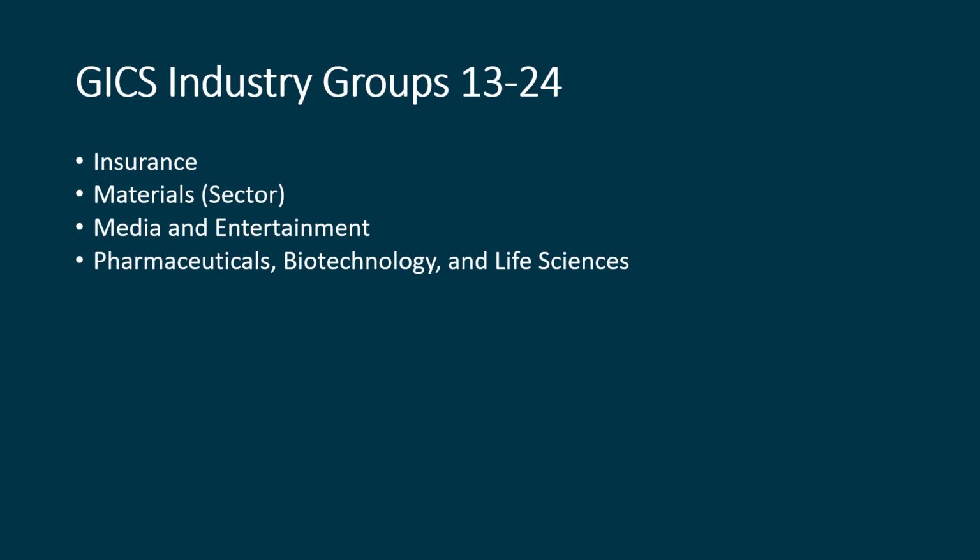Pharmaceuticals, biotech, and life sciences. Real estate, which is also a sector, and we didn't used to really pay attention to that all that much. And then they changed things a few years ago in the S&P sectors, and now the real estate sector seems to be paid attention to a lot more.